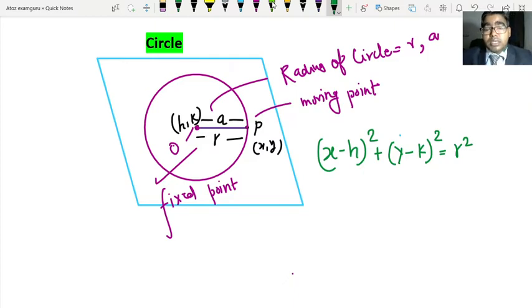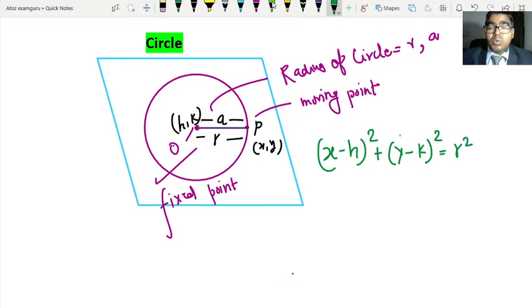Here x is the moving point and h is the fixed point, plus y is the moving point and k is the fixed point, so y minus k whole square equals the radius square. The derivation of this formula is not in your syllabus and is not asked in your examinations; otherwise it is very simple, simply using the distance formula.